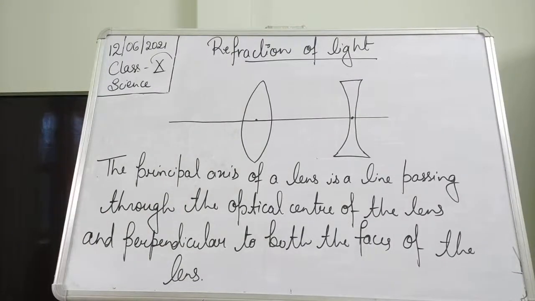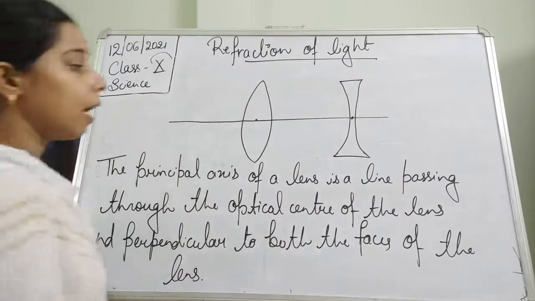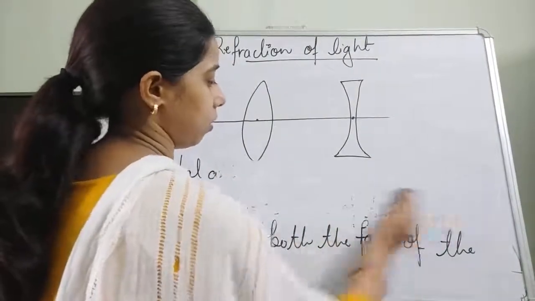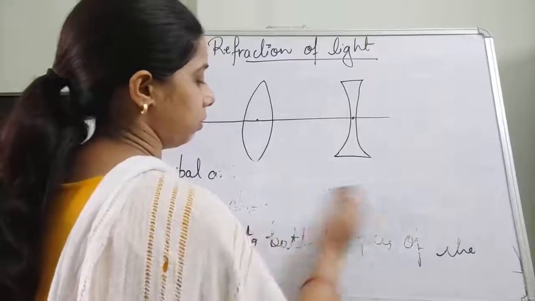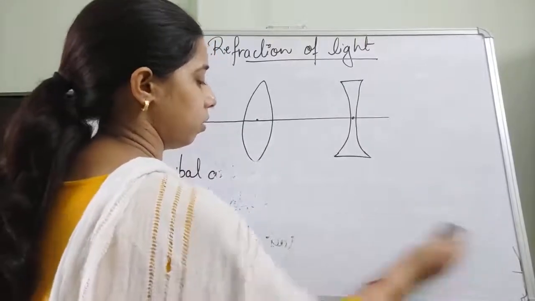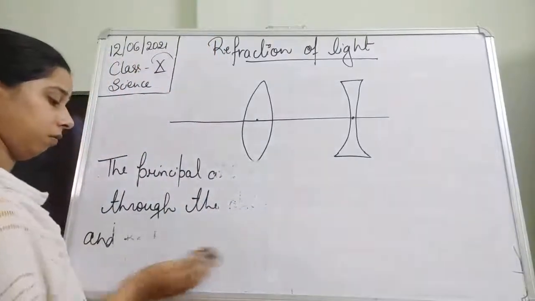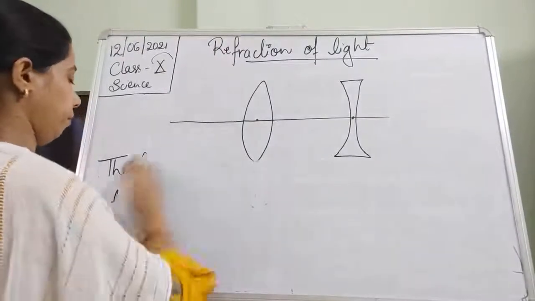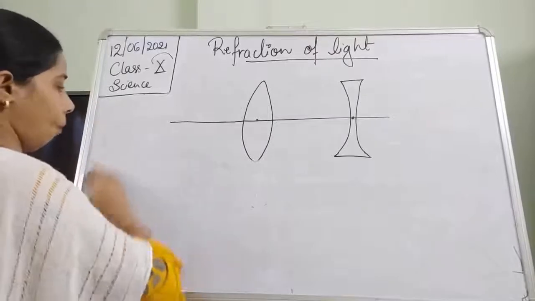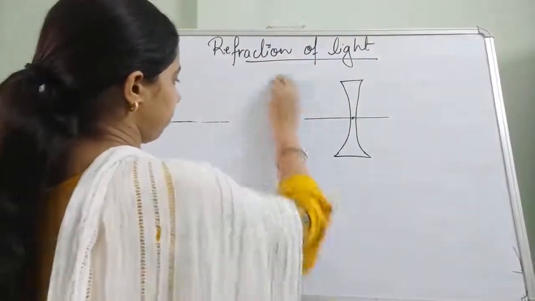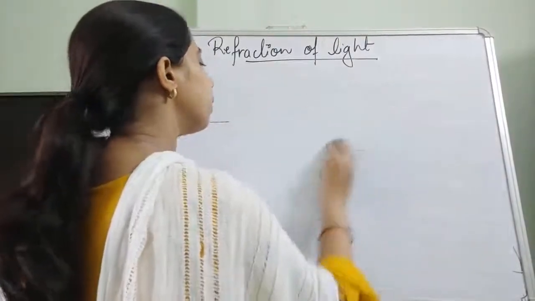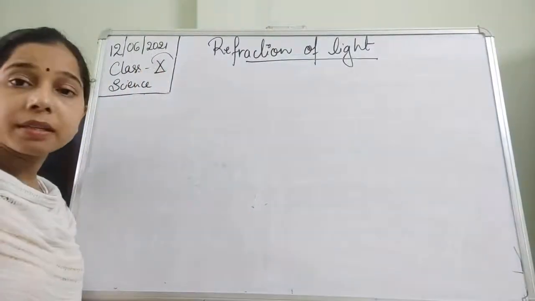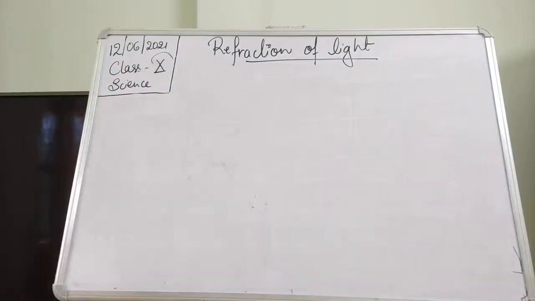Now let us try to understand one more thing, and that is principal focus. So let us start with the principal focus of a convex lens, and then we will try to understand the principal focus of a concave lens.